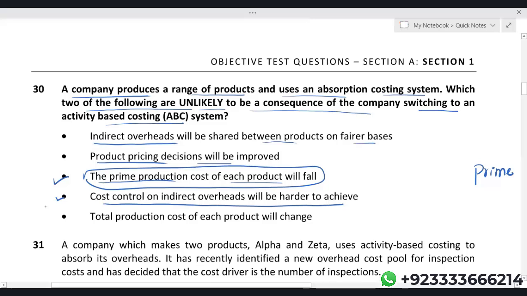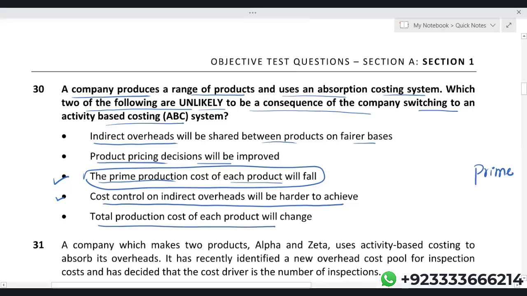So you can say that when comparing cost control of indirect overheads, ABC is easier as compared to absorption costing.